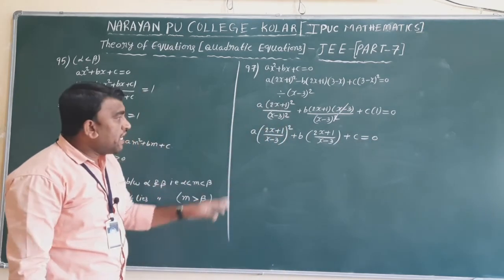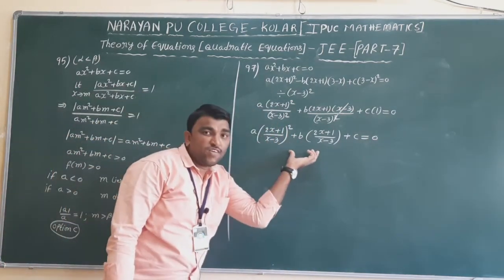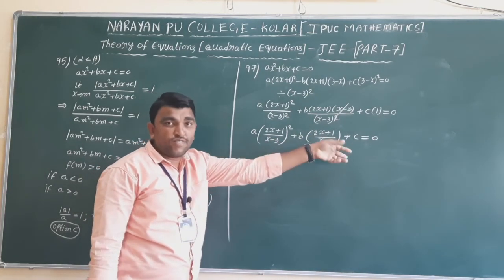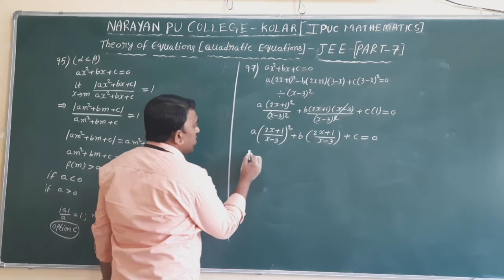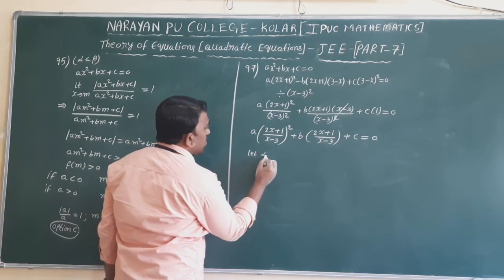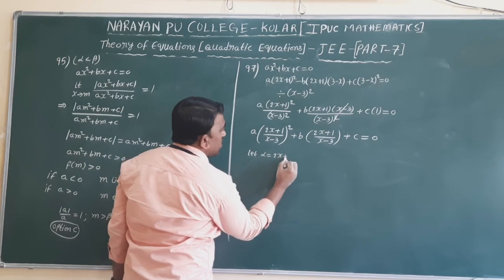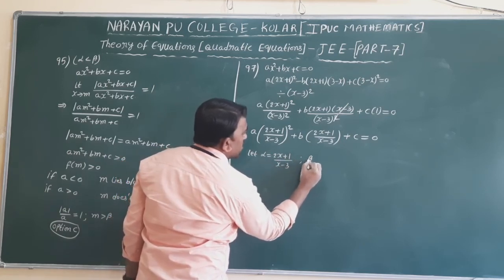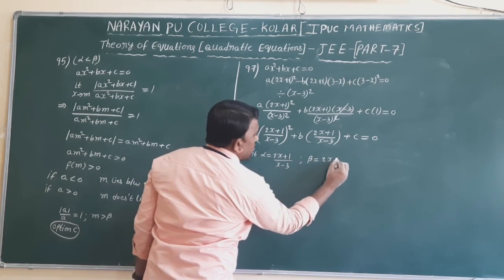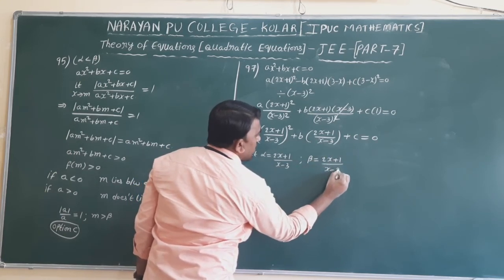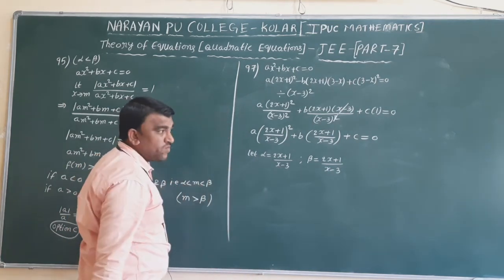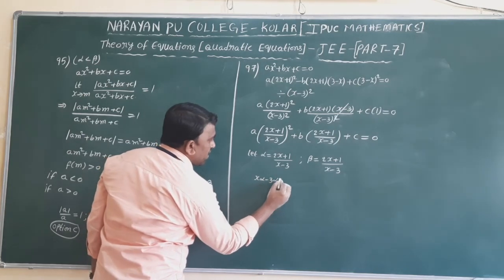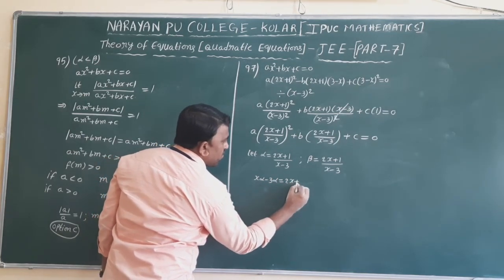They said already alpha and beta are the roots of this function, that means either the alpha value or the beta value directly satisfies this equation. So let alpha equal to 2x plus 1 by x minus 3, and beta also 2x plus 1 by x minus 3. Simplify this in terms of x: x alpha minus 3 alpha equal to 2x plus 1.